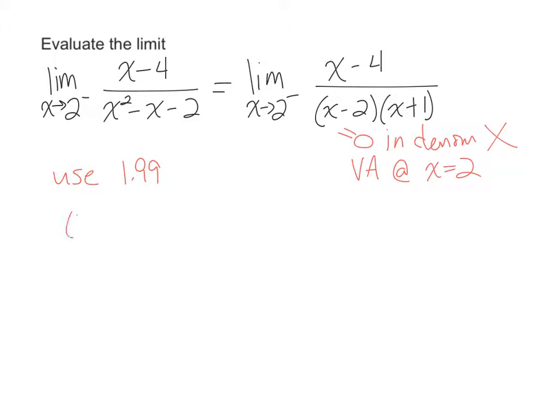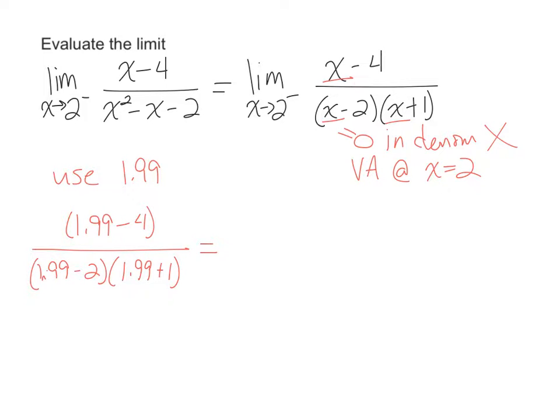So if I substitute 1.99 into this expression, I'm going to substitute it in for x there, there, and there. So 1.99 minus 4 in the numerator, all of that over (1.99 minus 2) times (1.99 plus 1) in the denominator.